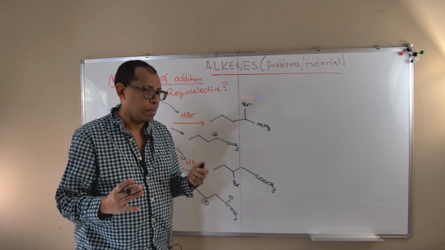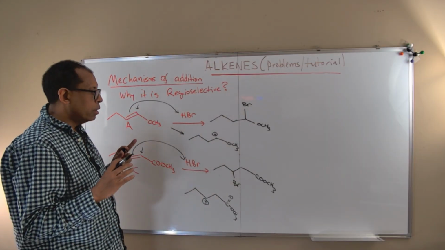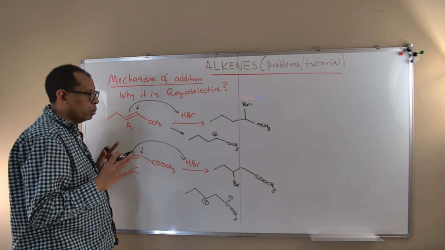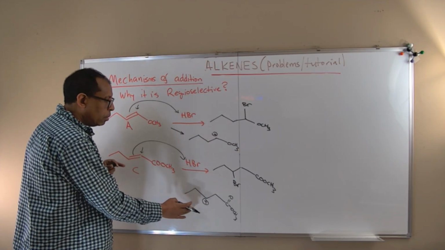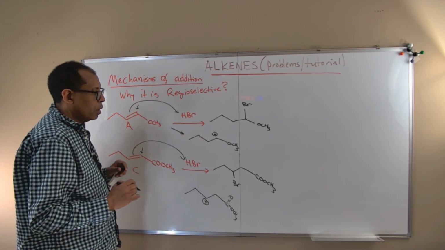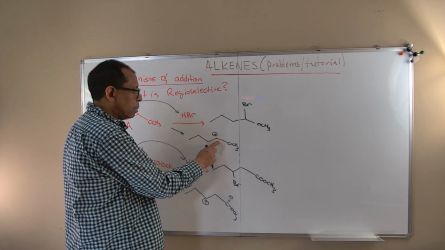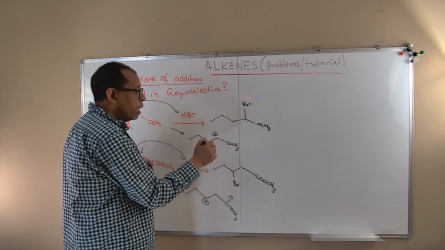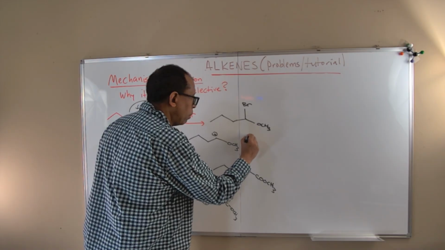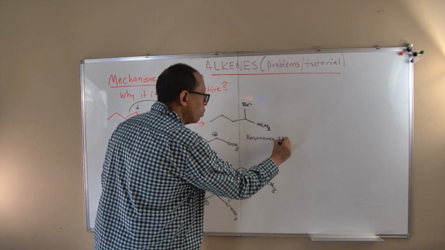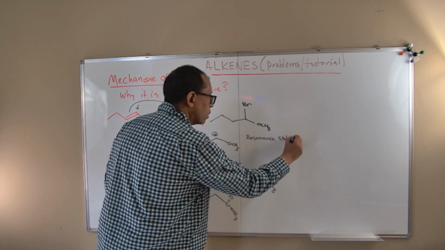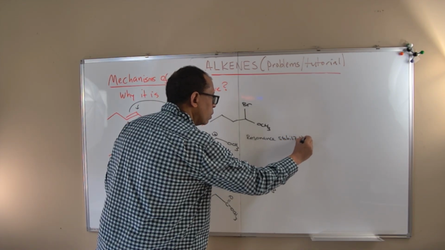Why is that the reason? So there is a concept you need to remember. The carbocation stability between these two is different. So if this carbocation is formed here, it can be resonance stabilized. What does that mean?